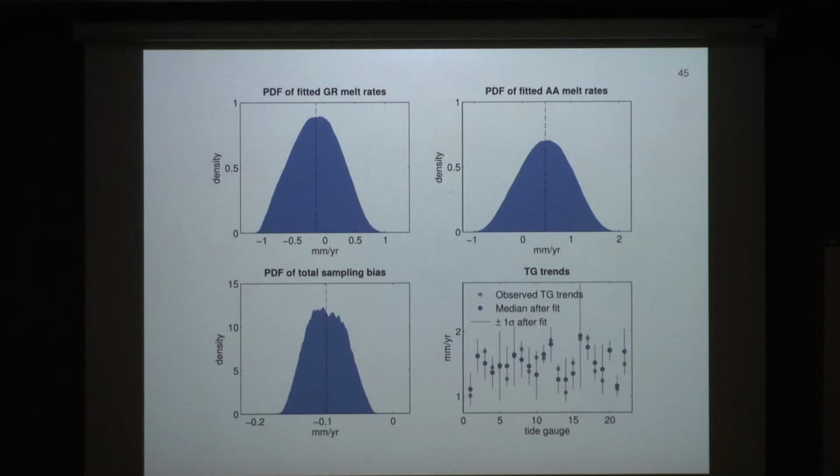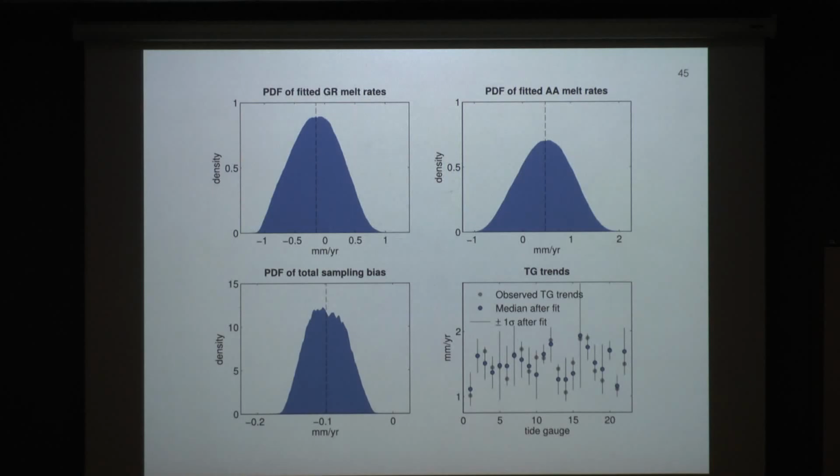So these top two figures show the probability density functions of the fitted melt rates that I got from the Greenland and Antarctic ice sheets. So these were the ones that were not constrained at all, so I fit them. And I was hoping that there would be enough spatial information here to constrain the amplitudes of those patterns and hence the melt rate from these different locations.